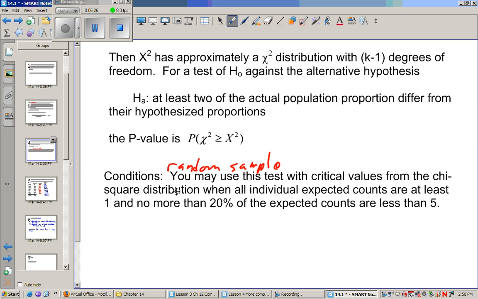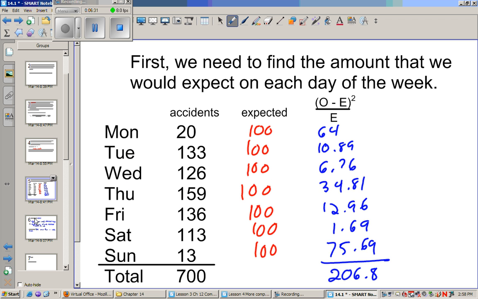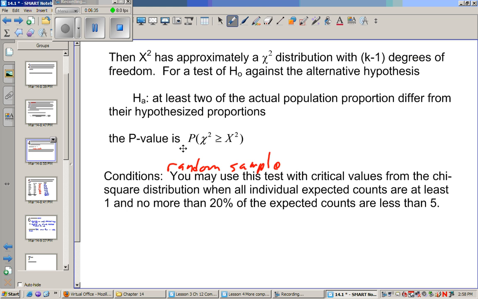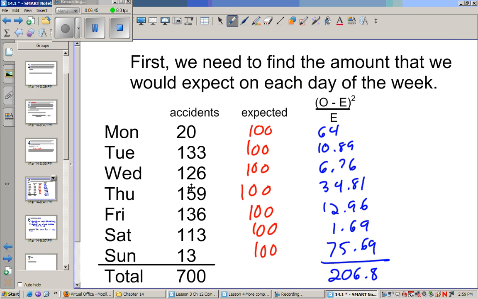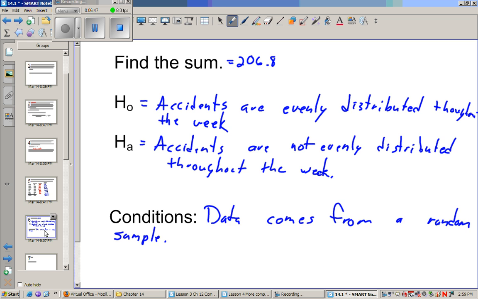We have to say all individual expected counts are at least 1. So are all these at least 1? Yep, check. And no more than 20% are less than 5. Are 20% less than 5? Actually, none are less than 5.